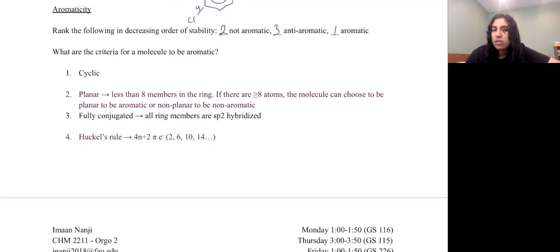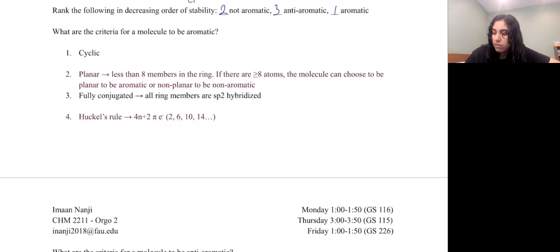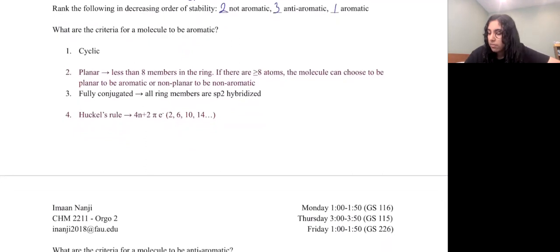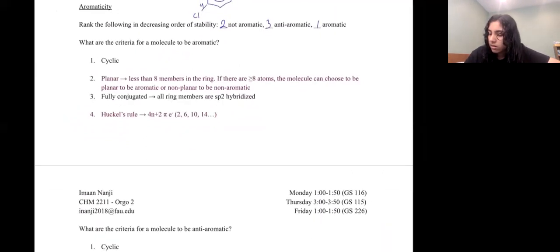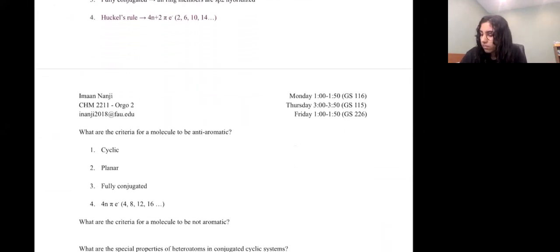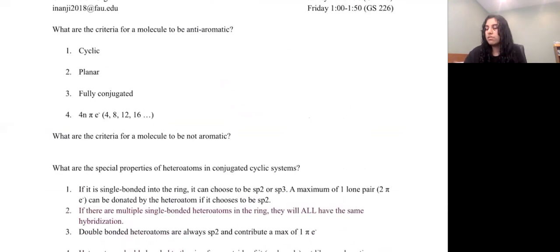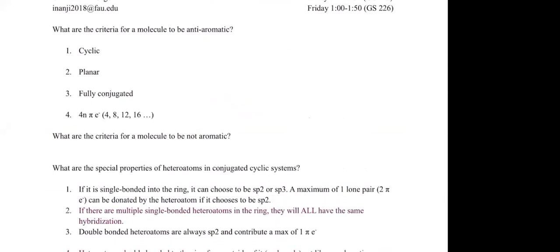So down here, I just typed out all the criteria and rules for aromaticity just to save time. And yeah, that's just part of the worksheet. But I didn't type the criteria for a molecule to be non-aromatic. So what does it take for a molecule to be non-aromatic?